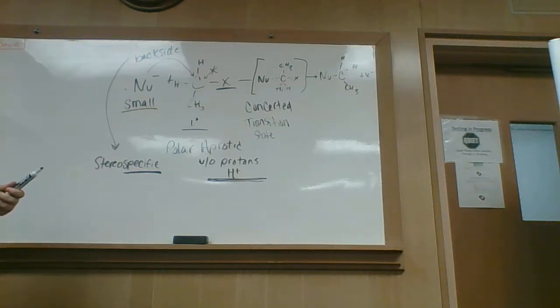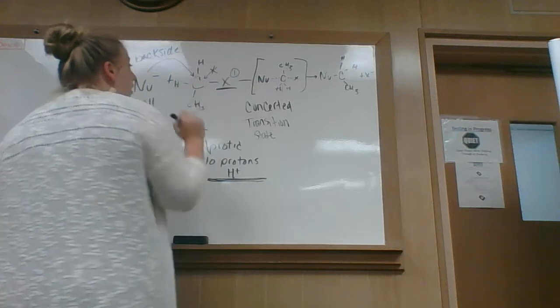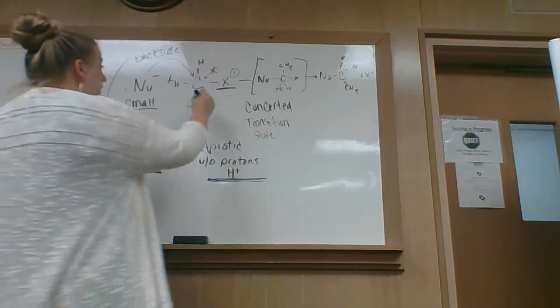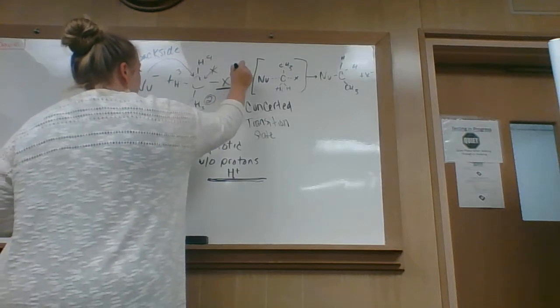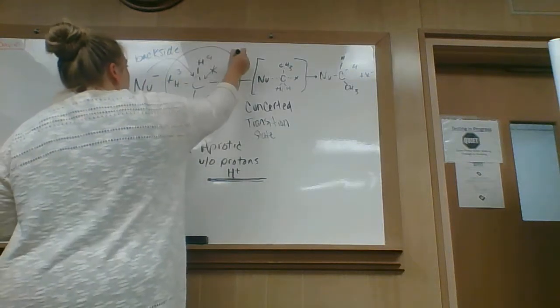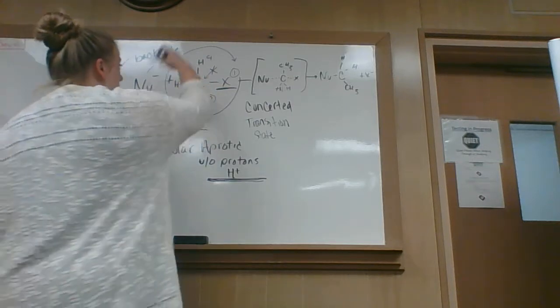Out of all of these, what would the heaviest one be? X, the halogen. Regardless of which halogen it is, this would always be number 1. Then the carbon, and then the hydrogens. So start here. Would this be R or S? R, because it's clockwise.